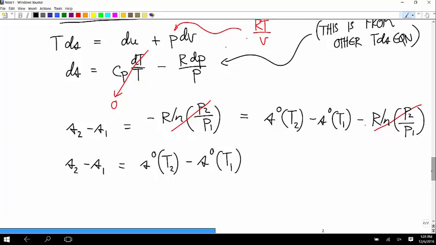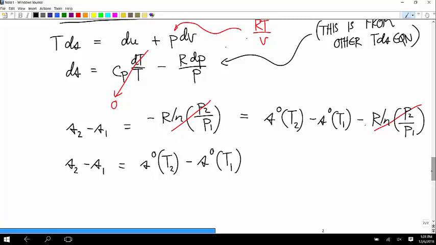So the change in entropy equation, isn't it just change in entropy is equal to S zero at temperature 2 minus S zero at temperature 1 minus R ln of P2 over P1? Like that shouldn't have dropped out.